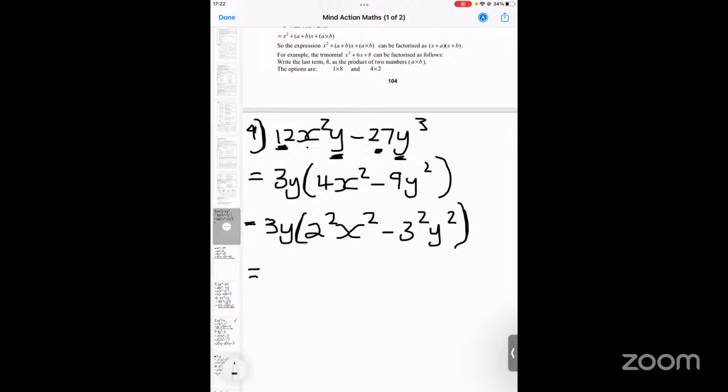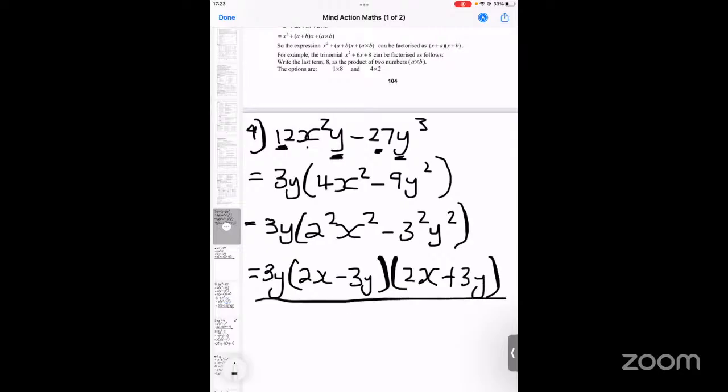Yes, sir. So now we have a 3y, then it's a done deal. You can just say 2x minus 3y, and then you have 2x on this side, plus 3y, and then this is the end of it. I'm not sure if it makes sense there, Gracie.